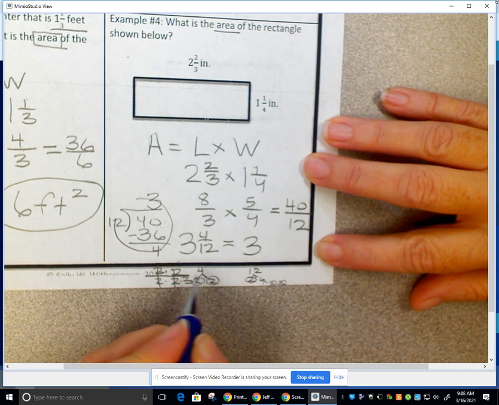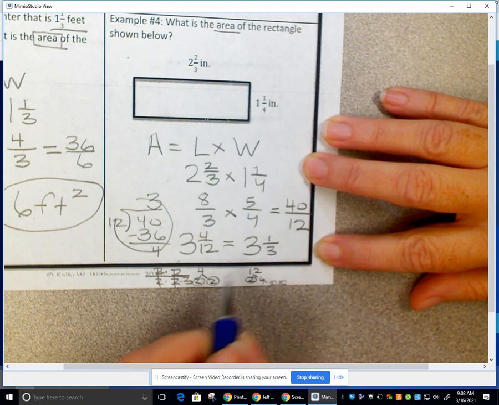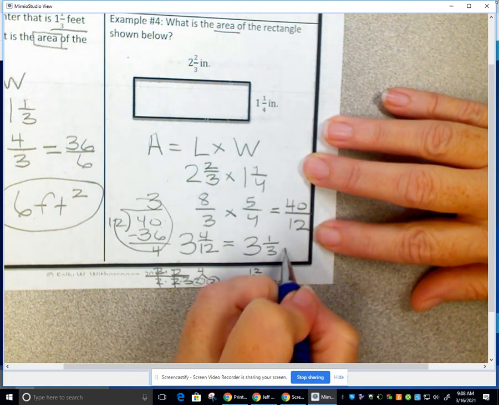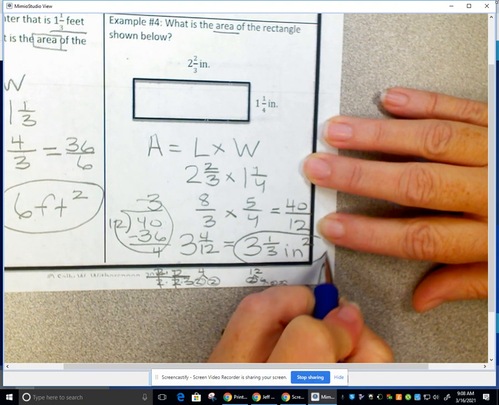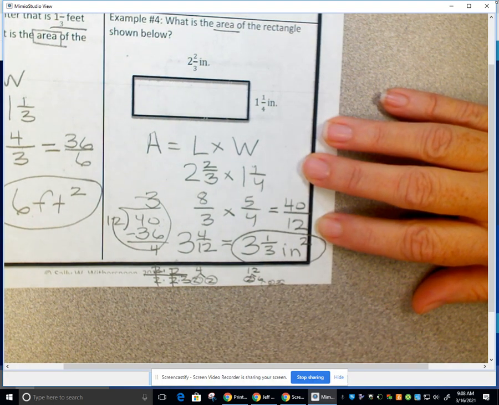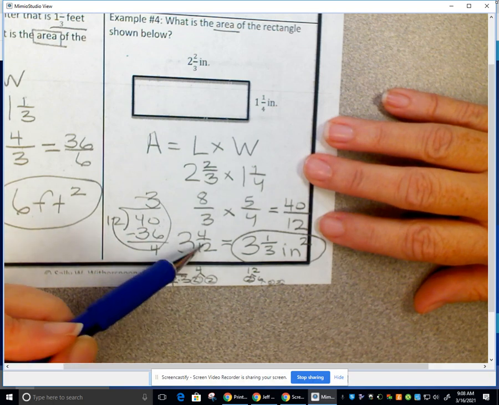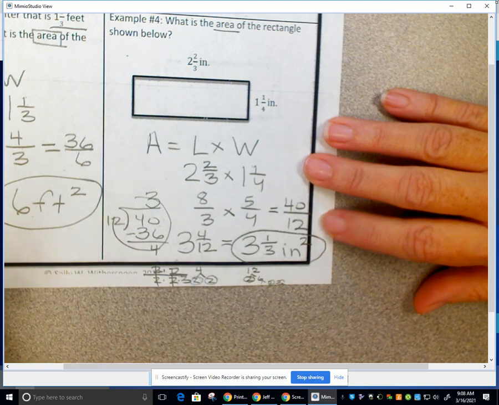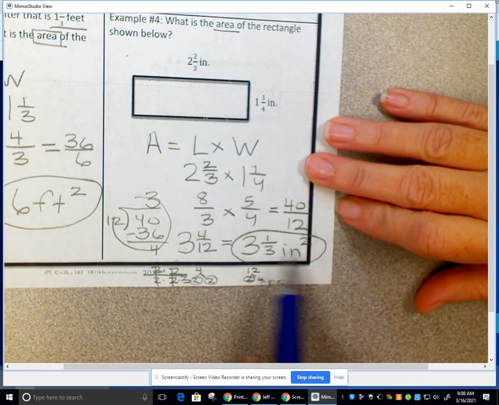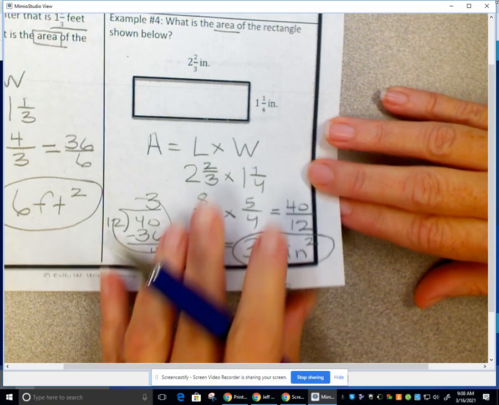So that's going to equal 3 and the 4 twelfths will be 1/3. And the unit they used is inches, square inches. One thing people often forget is once they realize 4 twelfths is 1/3, they'll forget the 3 and just make 1/3 the answer. So be real careful with that. Make sure you always bring the whole number with it.